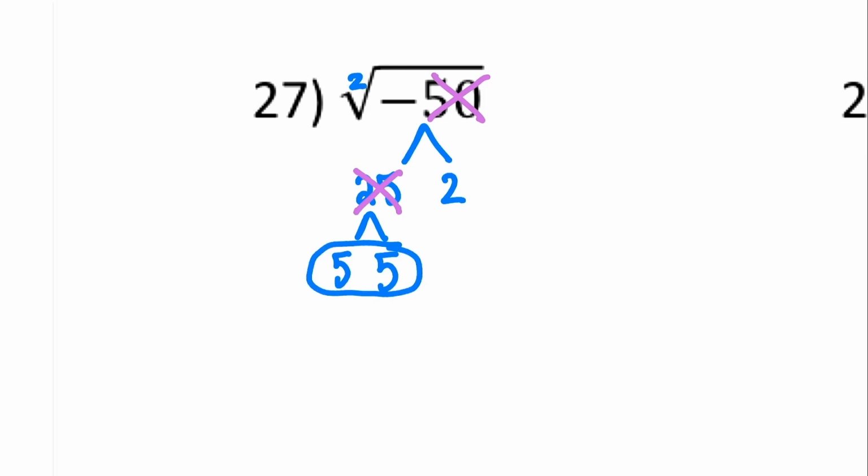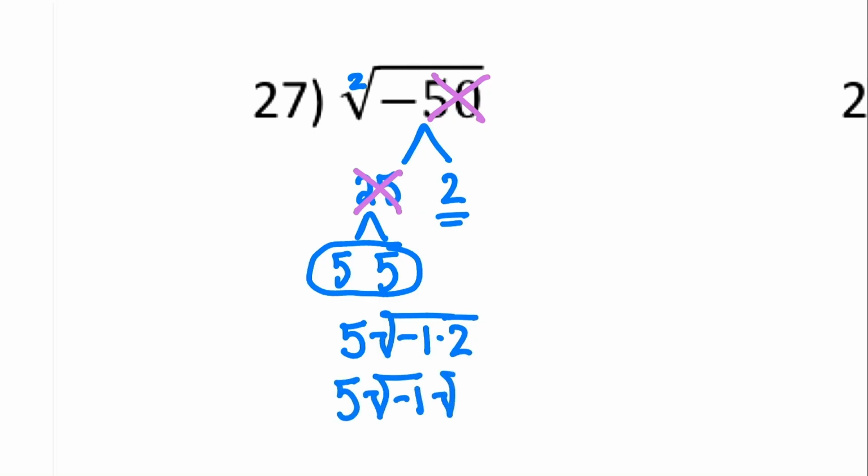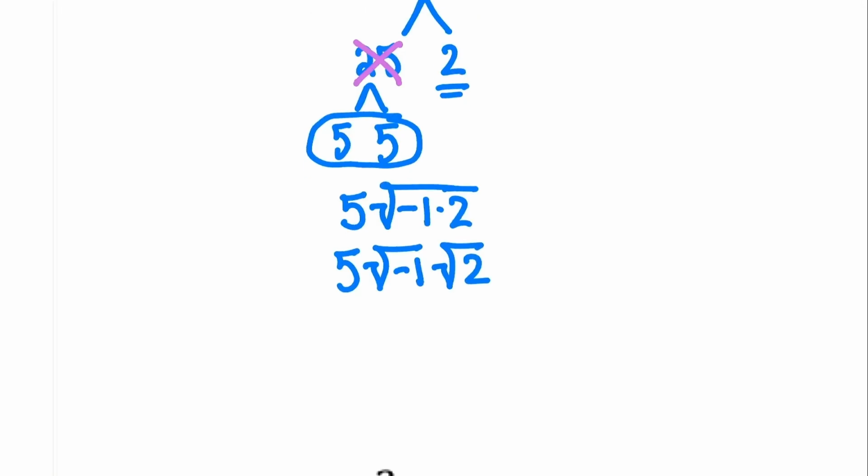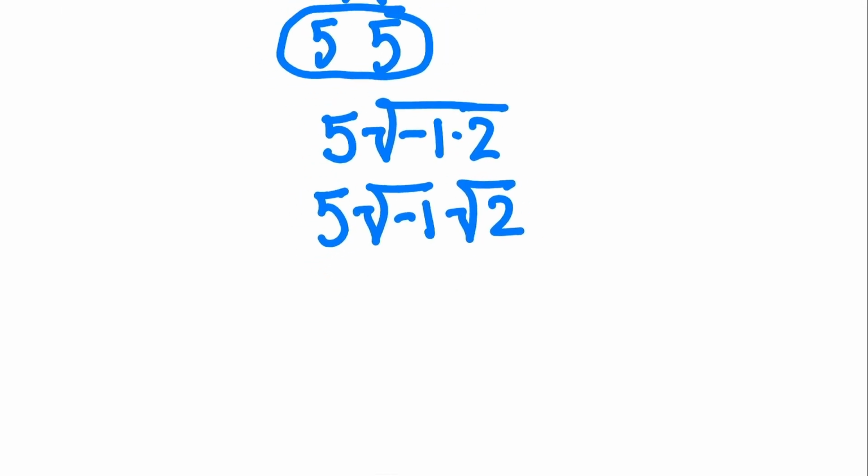So we have a 5 that's going to come out of the radical, and we're still going to have the negative 1 and a 2 on the inside. Now, you may recall that the square root of negative 1 has something specific that it simplifies to. Okay, and this is going to be the number i. It's a complex root. So we're going to have 5i radical 2 here.